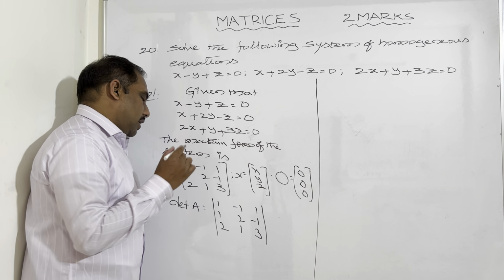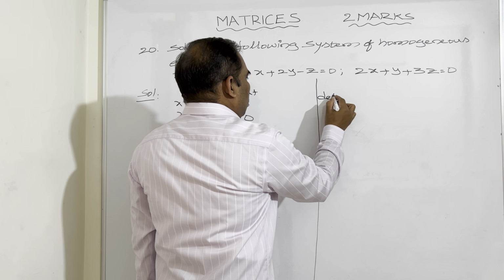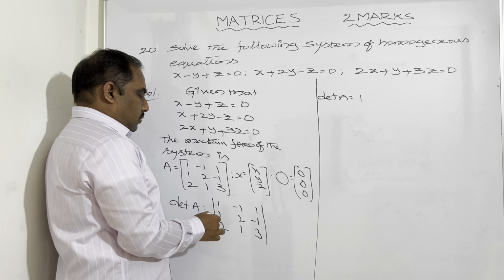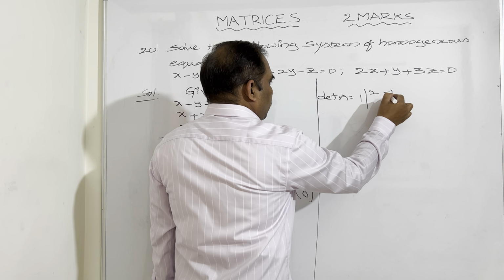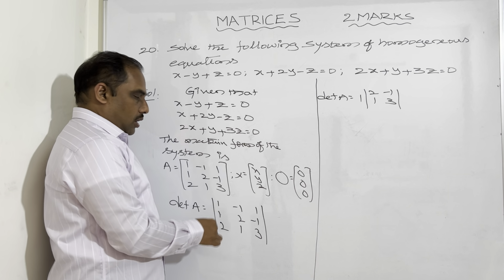Expanding along the first row: 1 into the determinant of 2, minus 1; 1, 3, with the first row and column deleted.